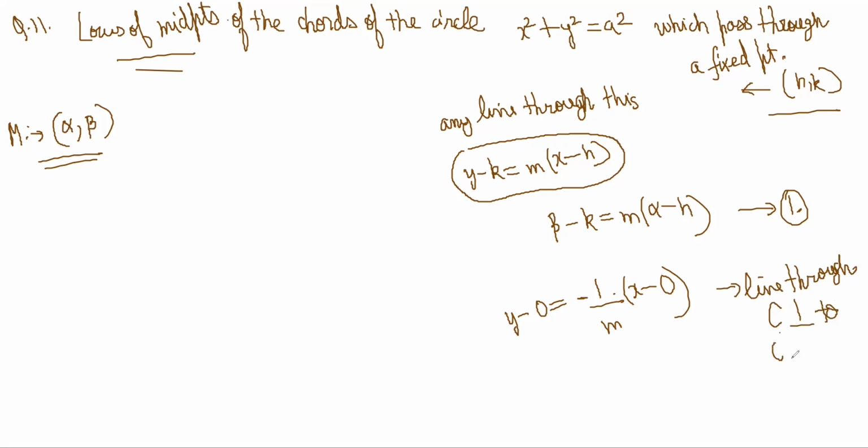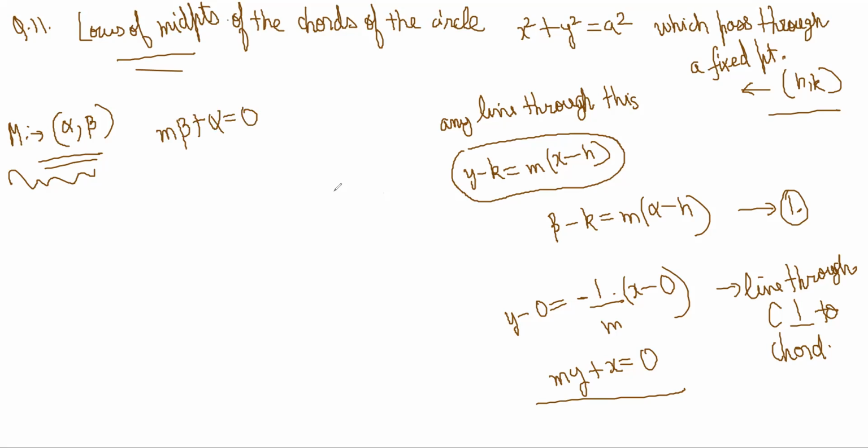Correct? So you have my plus x is equal to 0. And since the midpoint alpha beta will lie on this also, you have m beta plus alpha is equal to 0. Therefore alpha is equal to minus m beta, right? This is your second equation.